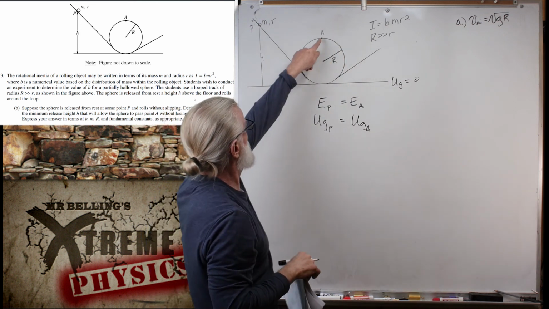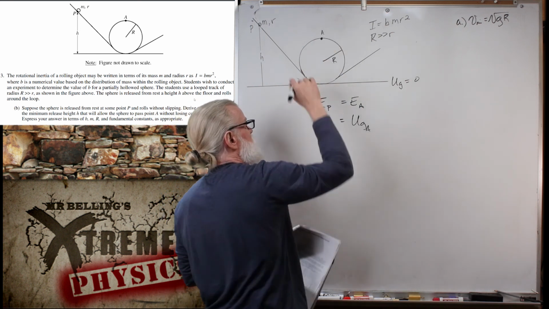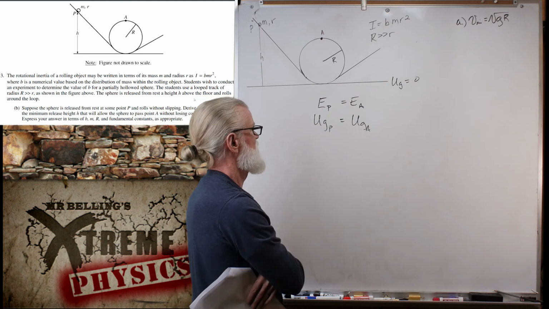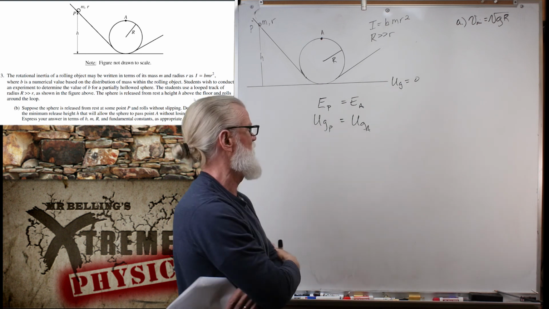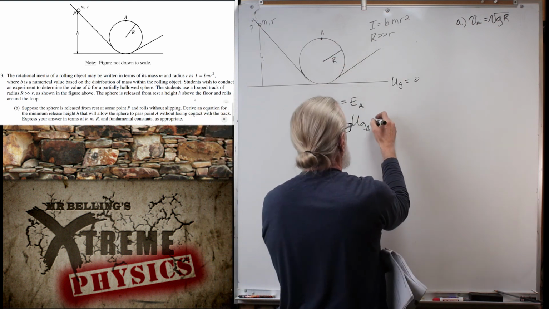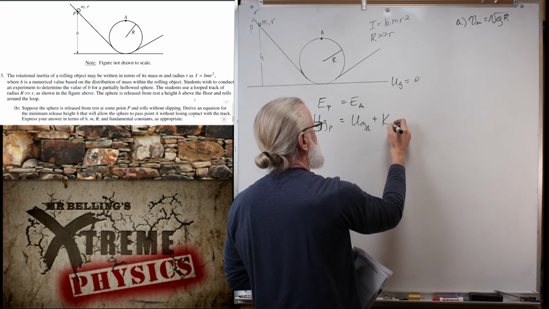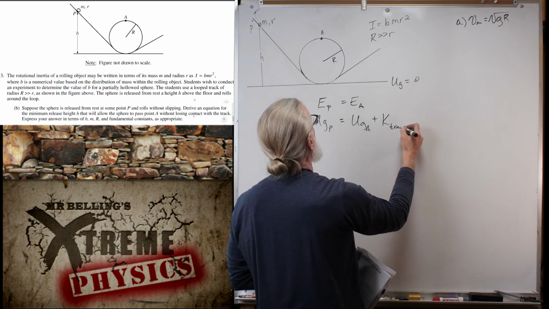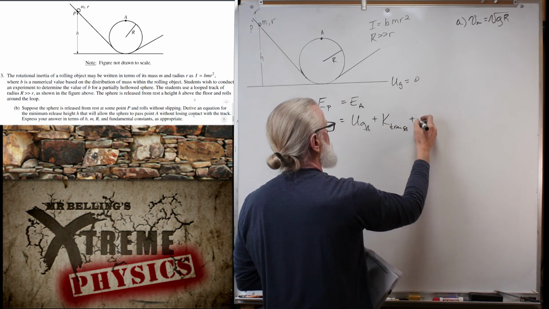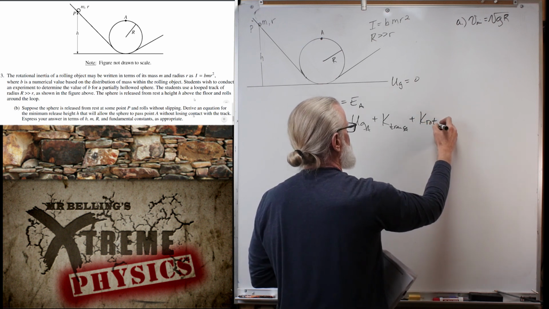I could have made that the point of 0 gravitational potential energy too, but I know a lot of people would put it there. So let's put it there just so you can see how that would work out. It would probably be easier if I put it here, but let's do this. Plus the translational kinetic energy at A, plus the rotational kinetic energy at A.